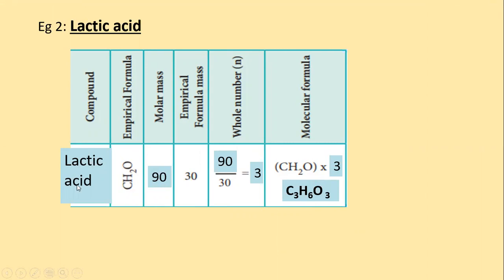By dividing the molar mass of lactic acid by the molar mass of CH2O, we get the value 3, that will be equal to n. Now on multiplying the empirical formula by this, CH2O into 3, we get C3H6O3. Right? Have you all understood?